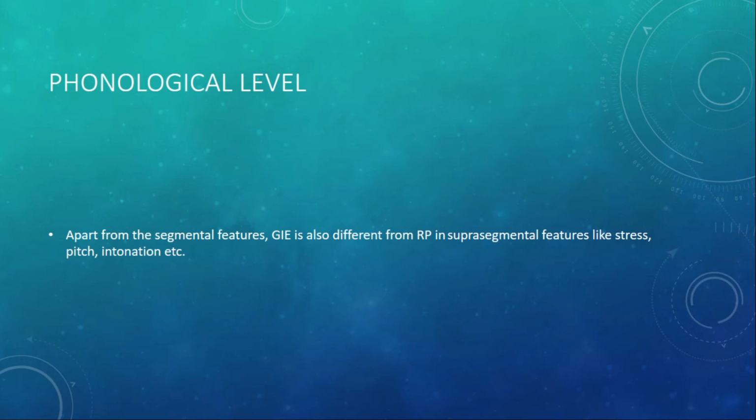So they have a certain way of pronouncing, and a different way of stress, pitch, and intonation and other suprasegmental features which are practiced in their mother tongue. With these principles, they approach the second language, that is English, and they also change the suprasegmental features accordingly. So these are the phonological differences.